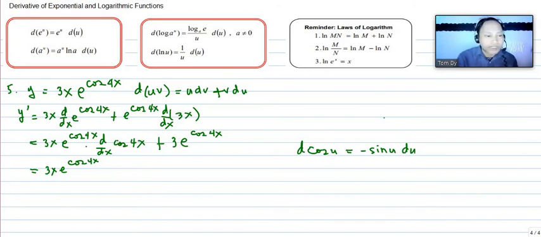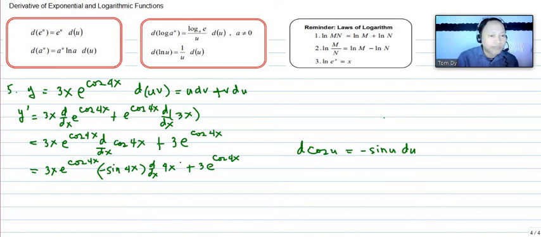So we will apply this formula for this part. So negative sine of 4x times du, the derivative of 4x. And then we copy this one, that is plus 3e to the cosine 4x.